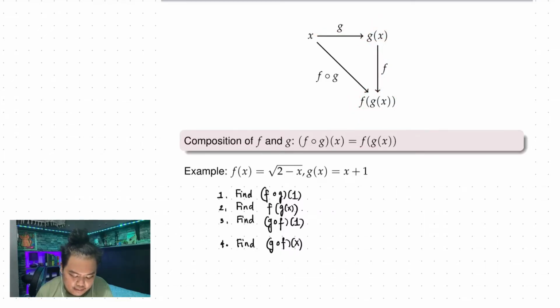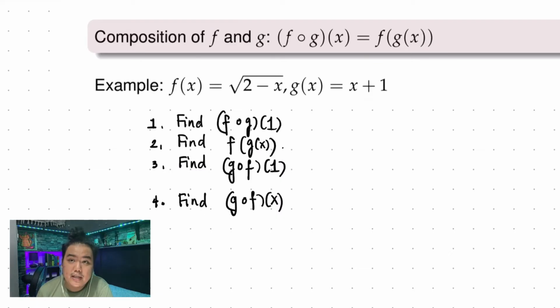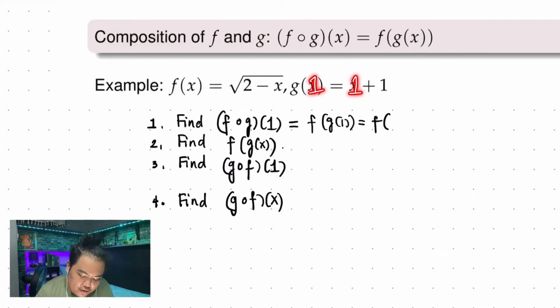So maybe we can do some examples just to illustrate this. So meron tayo nito, f circle g of 1. Ano ibig sabihin nun? Ito yung f, ito yung g. So it means f of g of 1. Substitute lang. So which is, what is g of 1? Palitan dito 1. So, g of 1 is 2. And kay f of 2, replace x by 2, which is 0.